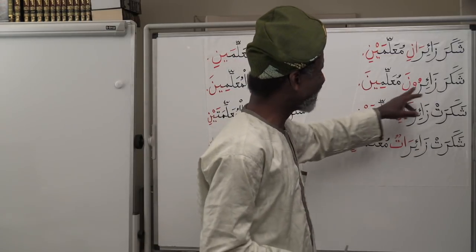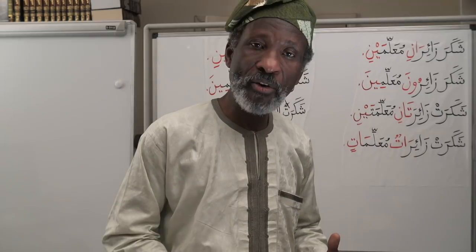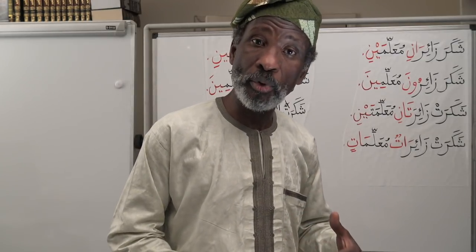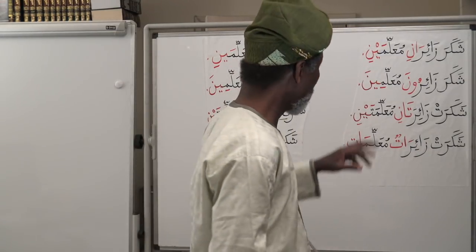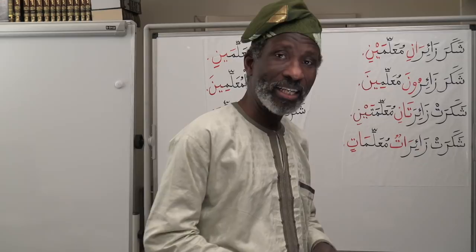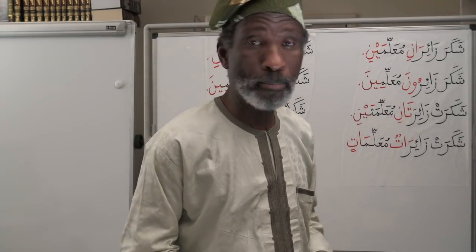Next one, shakara zairuna muallimina. Una ending for normal or regular masculine plural, whereas the ina ending is indicating this is the object. Hence we have the accusative ending, and this is for normal or regular masculine plural.